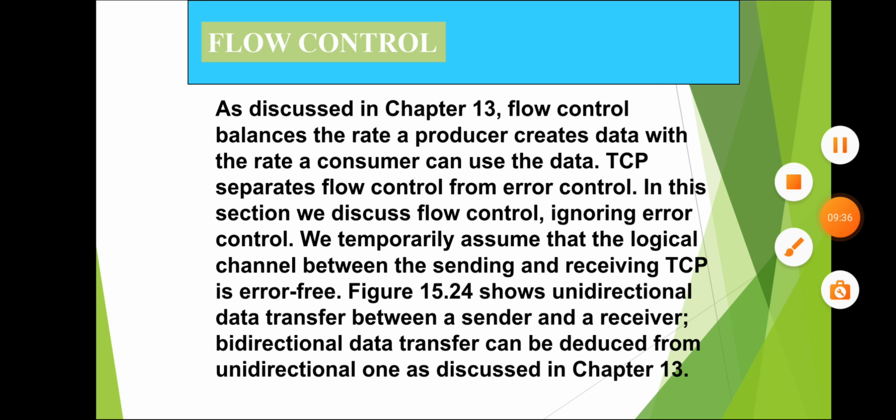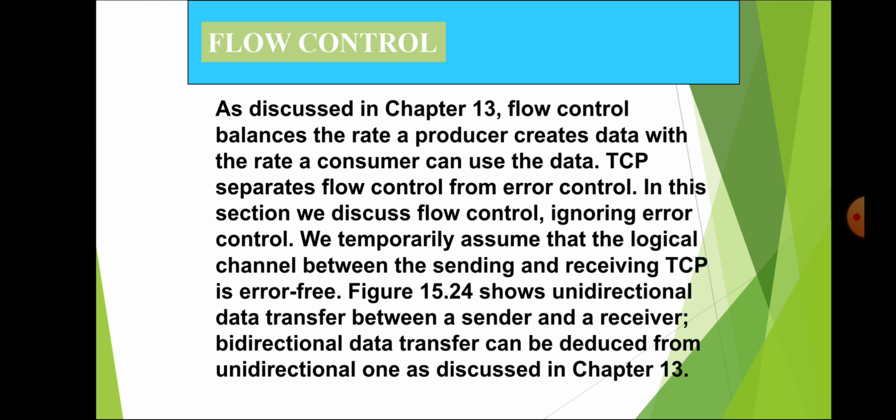TCP separates flow control from error control. In this section we discuss flow control, ignoring error control, and temporarily assume that the logical channel between the sending and receiving TCP is error free.